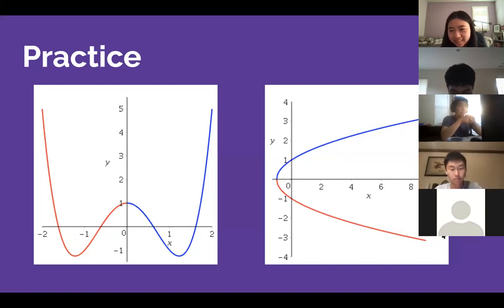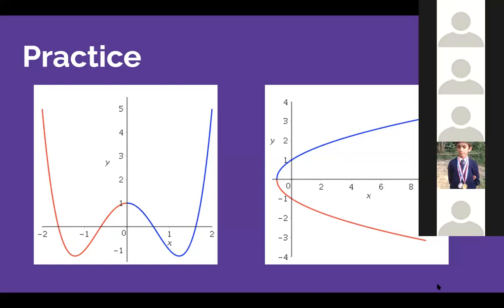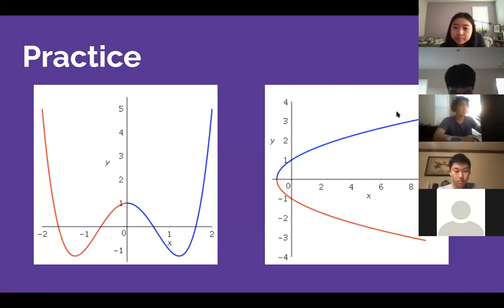Alex, you can go over those two with them. I think it's already marked on the graphs, the symmetrical portions of each graph. For example, in the first figure, the figure is symmetrical about the y-axis, and thus any corresponding y value over here is also apparent over here.